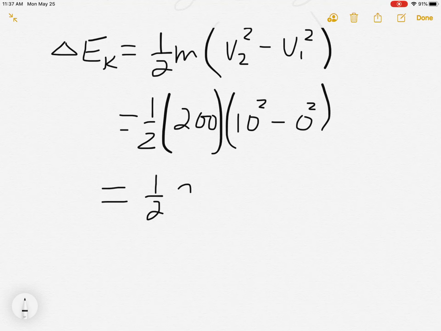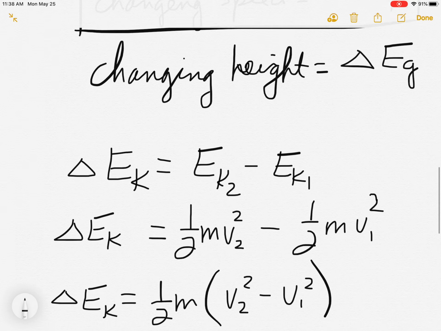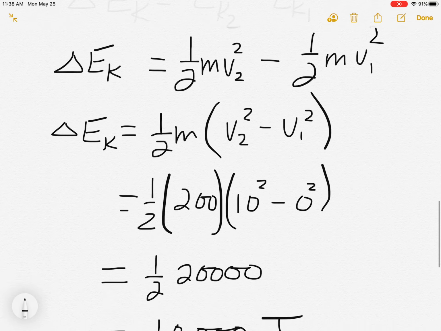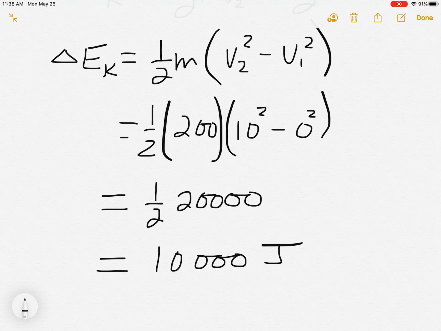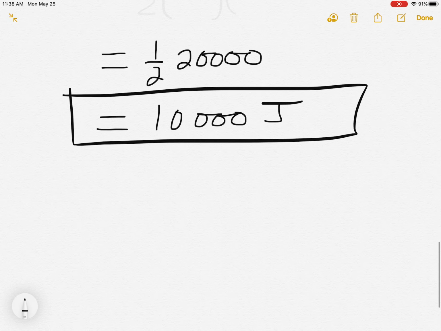So that's 1/2, 200 times 100, a half of 20,000. So that's 10,000 joules. So what this means is if you were to take this moped and speed it up from rest to 10 meters per second, you would have to change its kinetic energy by 10,000 joules. In other words, that's what you would get out of it. That's what would happen to this moped, right? Its energy is changed by 10,000 joules.